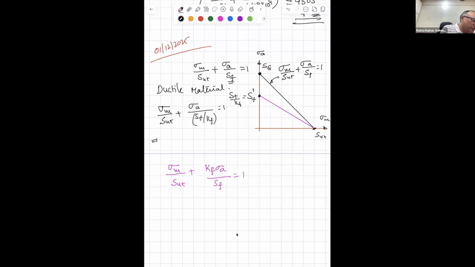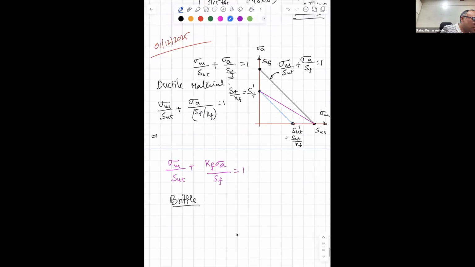Now, suppose I am talking about brittle material, then there will be an effect on the mean stress also. Then this becomes SUT dash, that is equal to SUT by KF. Right? Then my failure line will become this.